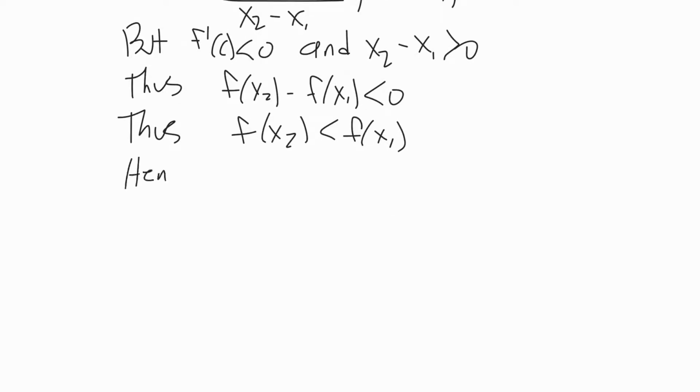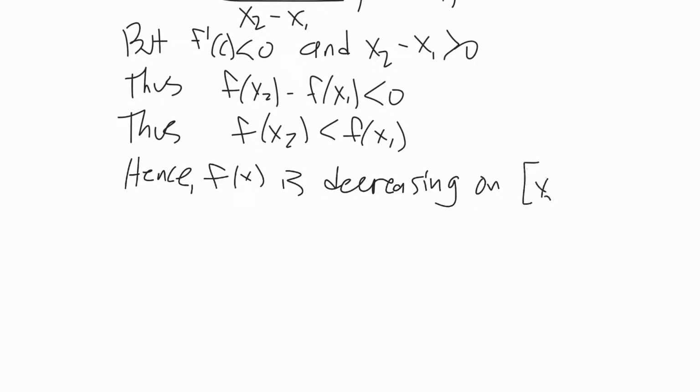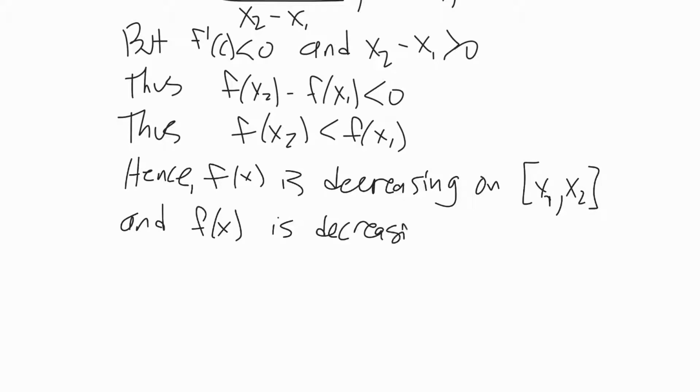Hence, f of x is decreasing on x1 to x2, and f of x is decreasing on a to b.